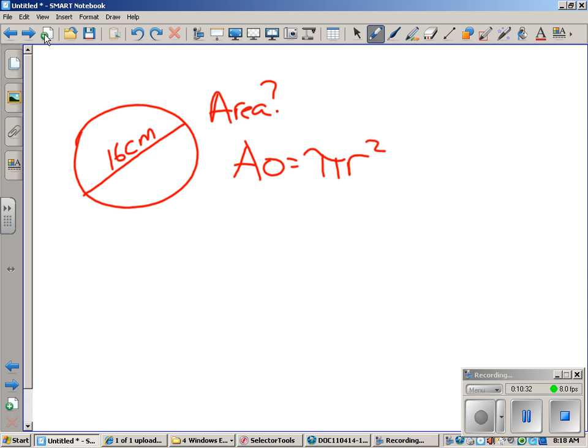You just can't use it. We have to change it. But we know that the radius of the shape is only half of what the diameter is. So it will be 8 centimeters. Once you know that, you're off to the races. Substitute what you know. Multiply it by the radius squared. Do not forget to do the squares first.